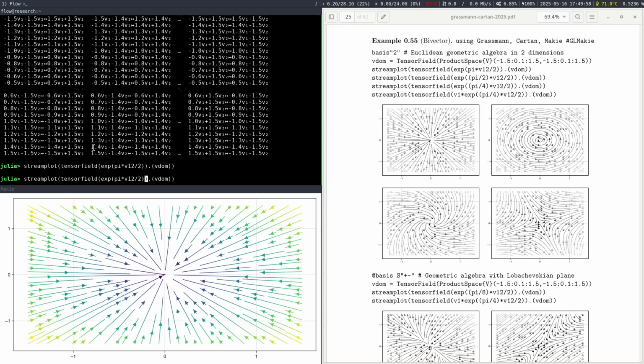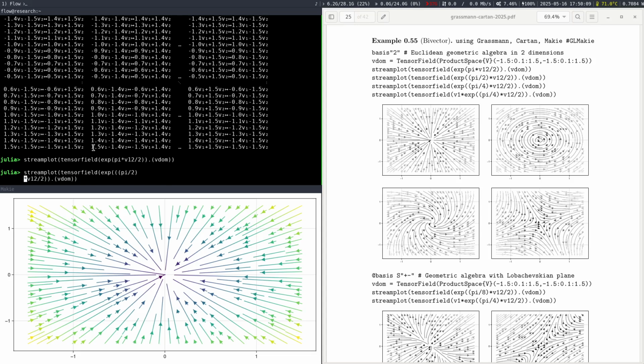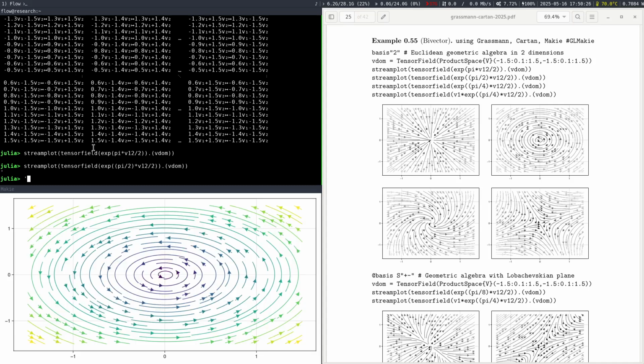So, and we can modify the result of this by changing like this from pi to pi over 2, right? Oops. We need another parentheses somewhere, or what? I put one too many. Okay. There we go.